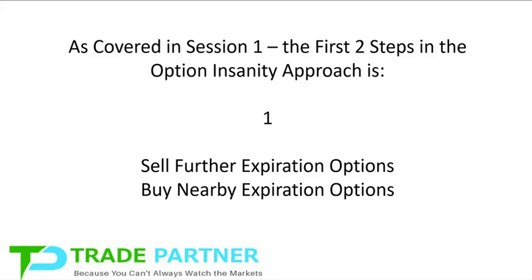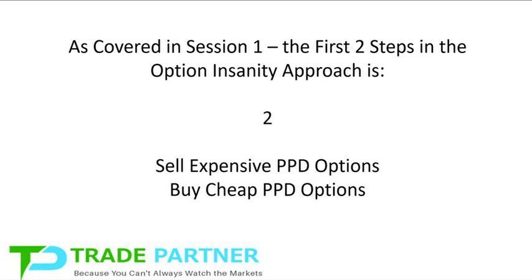That's completely opposite of what most people think of doing, and in the past, it just simply has not been available. It's only with the Monday, Wednesday, Wednesday, Friday, and Friday, Monday relationships that this becomes available from the standpoint of being able to sell a further option expiration and buy a nearby expiration option, and achieving number 2, which is to sell expensive PPD options and buy cheap PPD options.